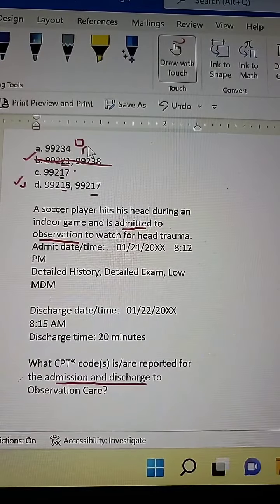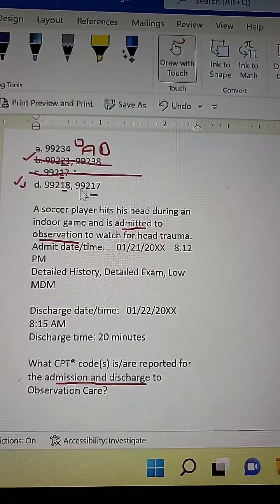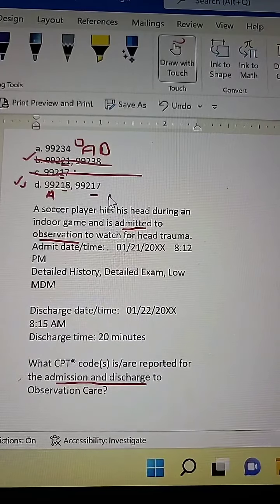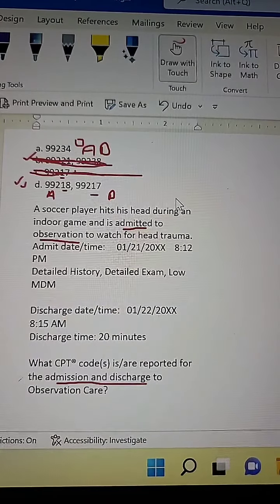This one does admit and discharge all in one in observation. We have to get rid of C because that won't do both. Or are we going to do a separate charge for an admit and a separate charge for a discharge out of observation? So it has to be either A or D.